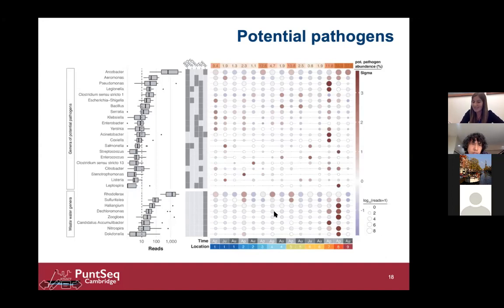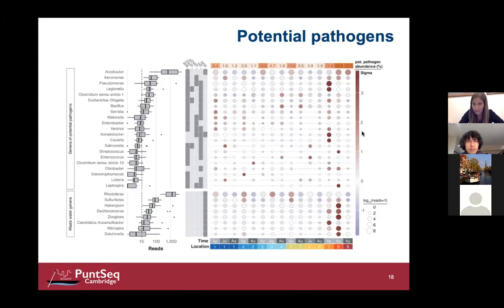I know that this figure contains quite a bit, so please feel free to look it up again in the paper afterwards if that goes a bit too fast now. But what we see here is, the different circle sizes represent the relative reads at this specific location. So how many reads of this location are actually assigned to this specific bacterial genus.